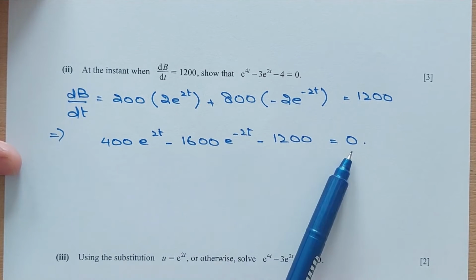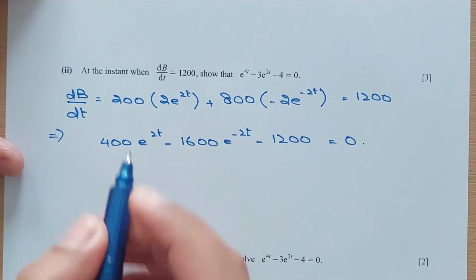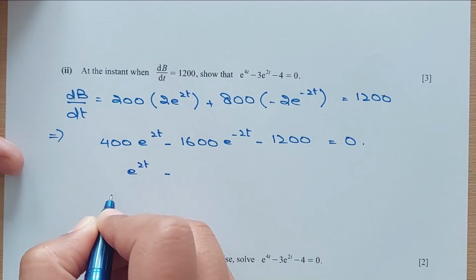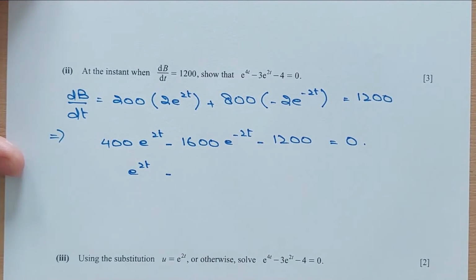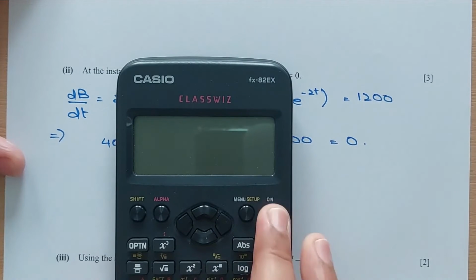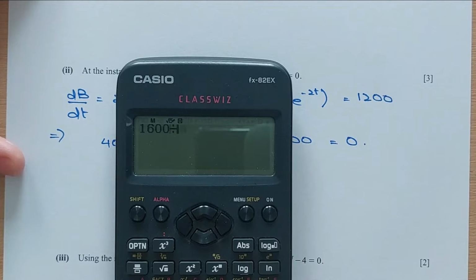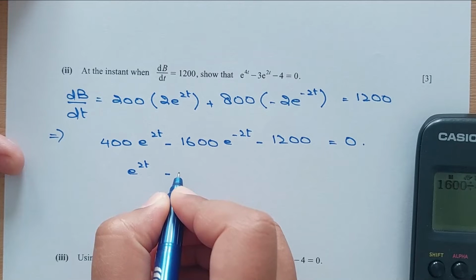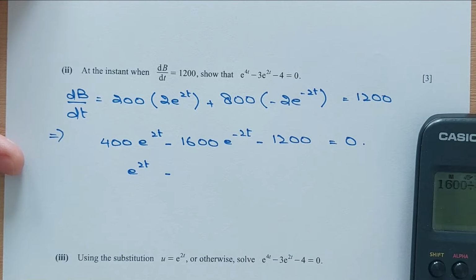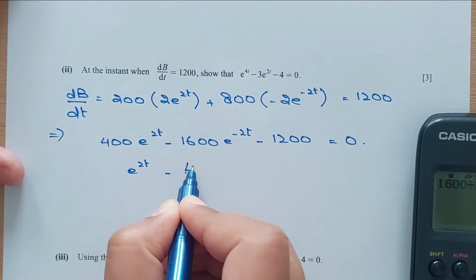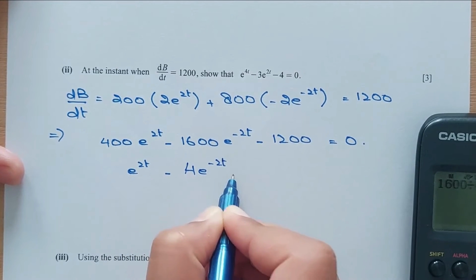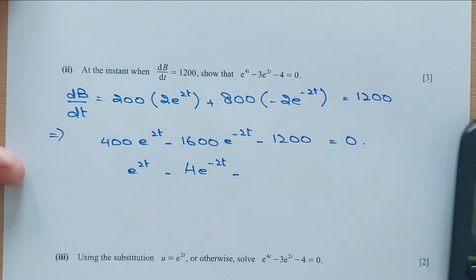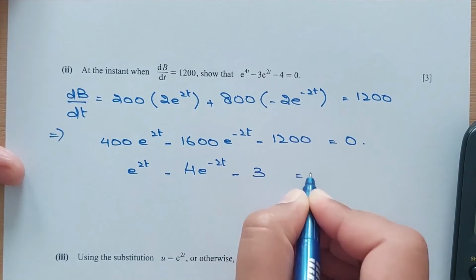Now let me divide throughout the equation by 400. 400 divided by 400 is just 1, so e^(2t). 1600 divided by 400 is 4, so we have minus 4 e^(-2t). 1200 divided by 400 is 3, minus 3 equals 0.